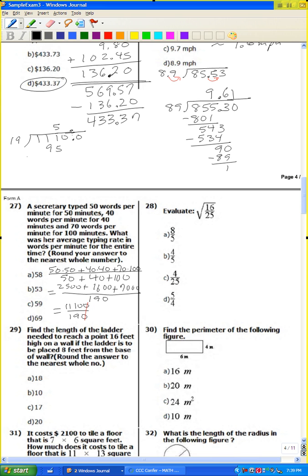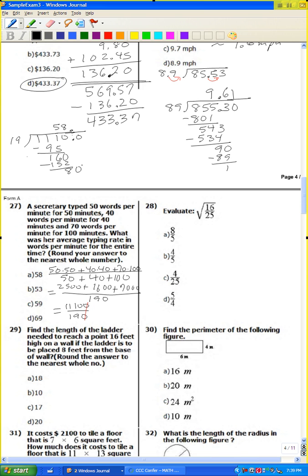And so subtract that. 16. Drop down a 0. That'll be 8. And so that'll be 72, 152, 8.